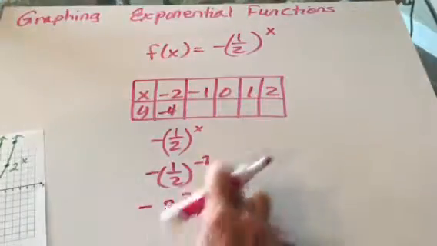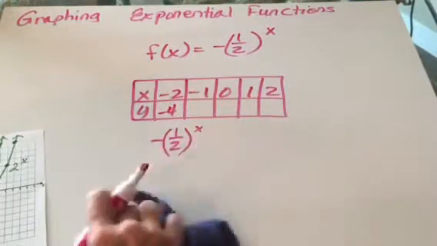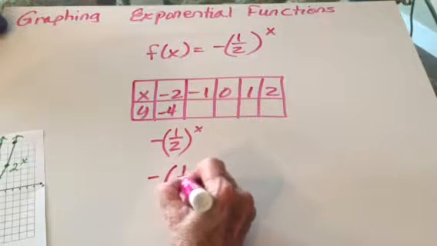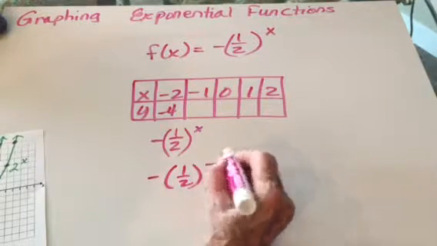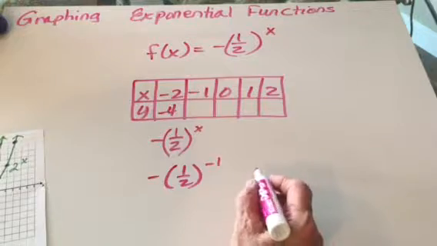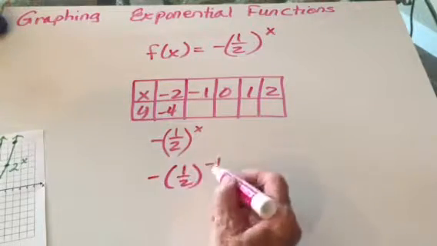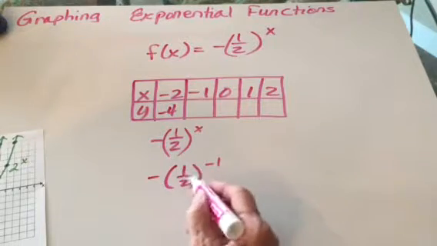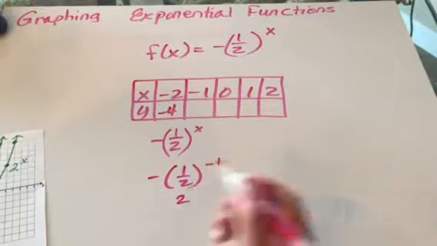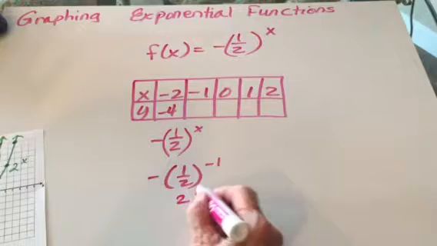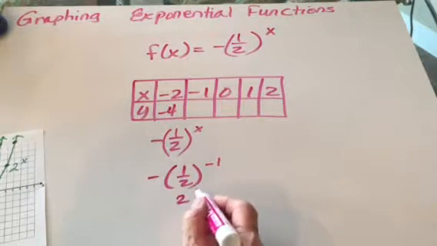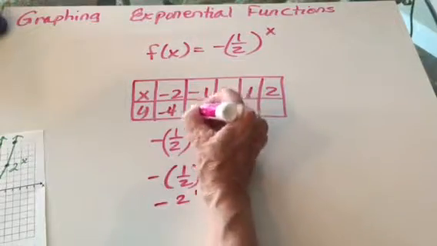You get that? All right, the next one is negative 1, and I have to put in parentheses 1/2 to the negative 1. All right, so all this means when I have a negative exponent, I just flip it. So it's 2 over 1, which is just 2, and the negative goes away. Now 2 to the 1 is just 2, and I put a negative in front of it, so it's negative 2.